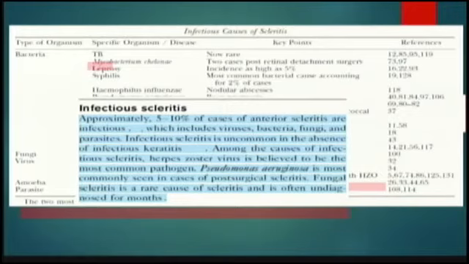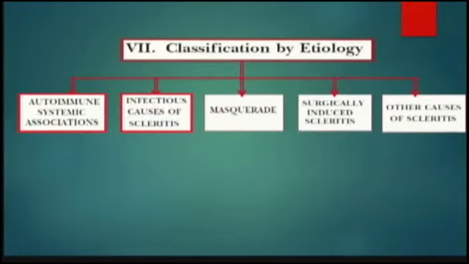Okay, so almost 5 to 10% of those patients may have infectious scleritis. And we will talk about this in brief when we talk about scleritis in Saudi Arabia. The other thing that should not be forgotten is the masquerade. Something like melanoma or lymphoma can mimic scleritis, and these are difficult to diagnose, but you need to keep them in mind.